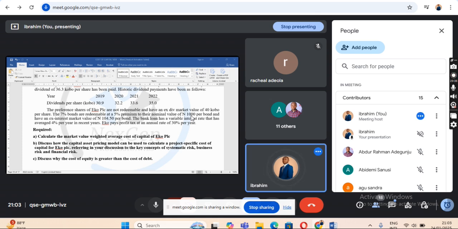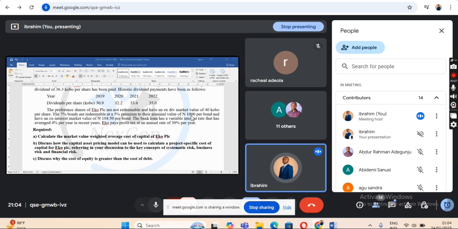So when you have a premium, it will be above the 1,000. What it means is that you will end up having about 1,050. Is that not so? Because you have a 5% premium. A 5% premium means that your redemption value will be greater by 5%. They say 5% premium to their nominal value. Premium means above the nominal value.